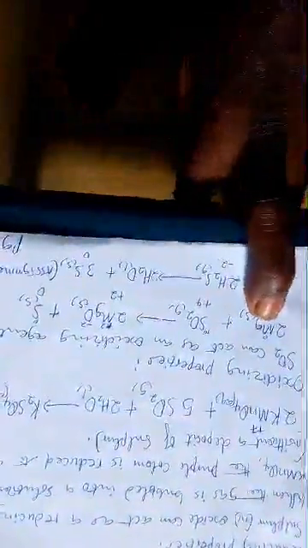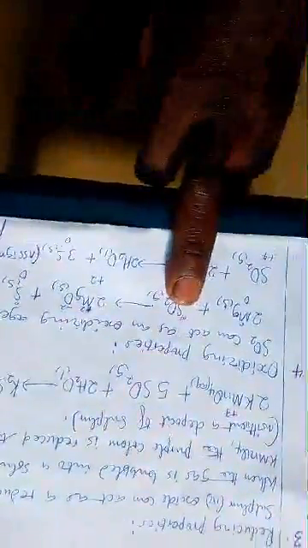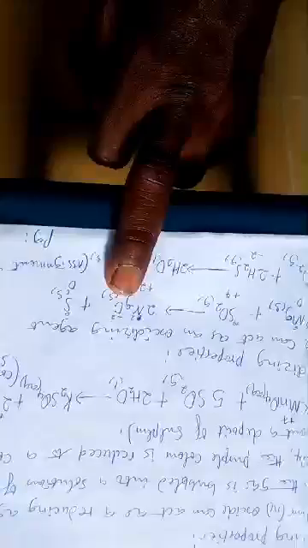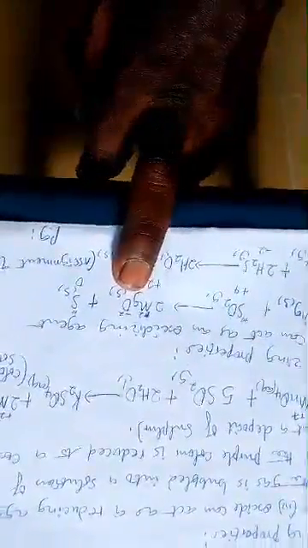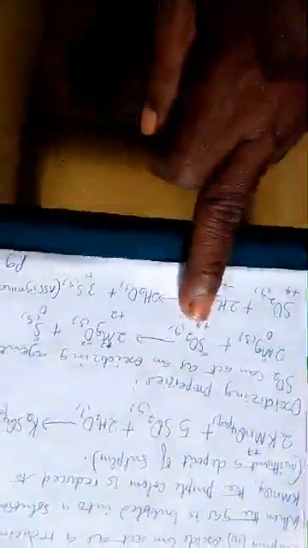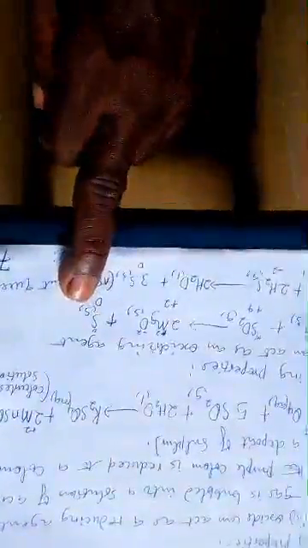Okay, sulfur dioxide as an oxidizing agent. That means it behaves as both a reducing agent and an oxidizing agent. Sulfur dioxide can act as an oxidizing agent. You see the equation of reaction. If this is magnesium, the oxidation number is 0. Here, the oxidation number of sulfur is +4. Then on the product side, the oxidation number of magnesium has increased from 0 to +2, and the sulfur has been reduced from +4 to 0.